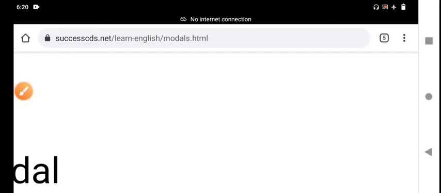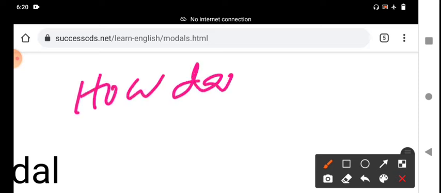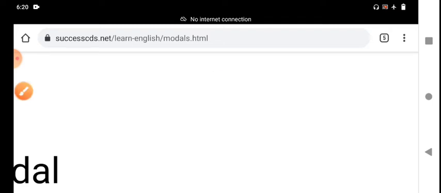Easy example, dare. For example, how dare you speak to me? It functions as a modal verb. And what is the main verb?